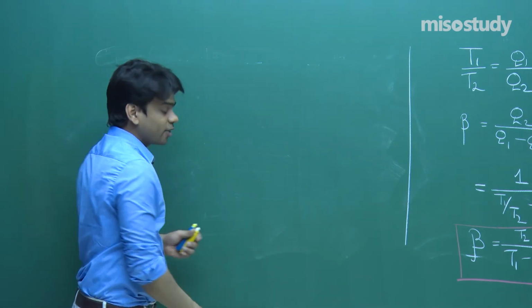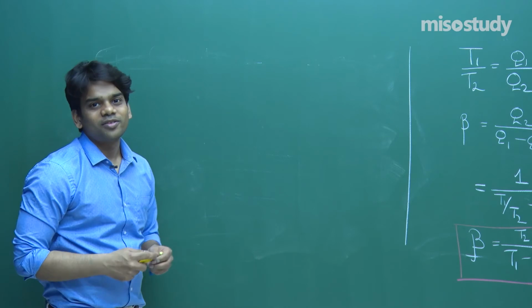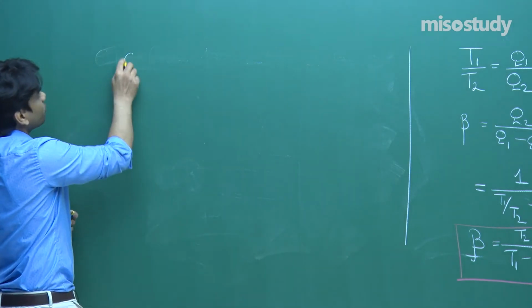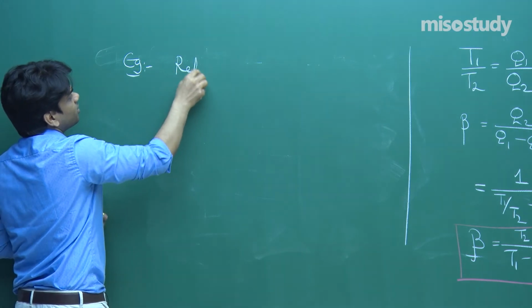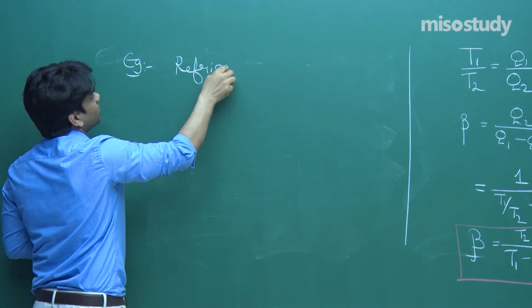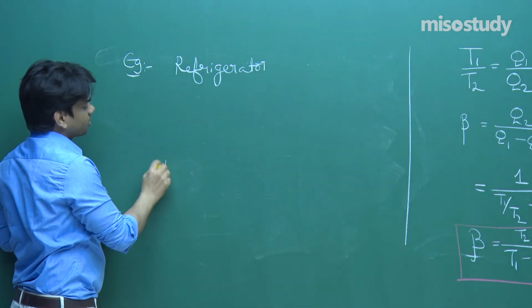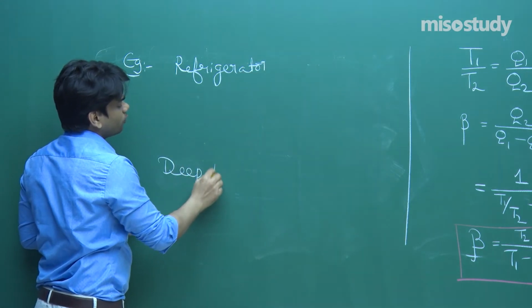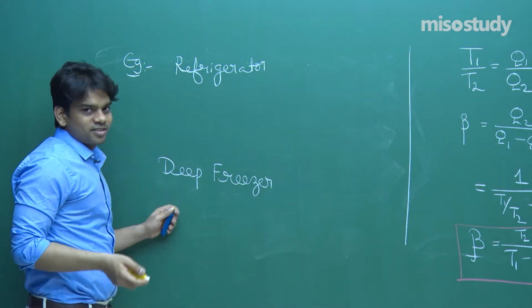Now at your home, let's say you have a deep freezer and let's say you have a refrigerator. So I'm going to give two things. We are having a refrigerator and let's see which is having more efficiency, and we are having a deep freezer. Both will be working under two temperature conditions.